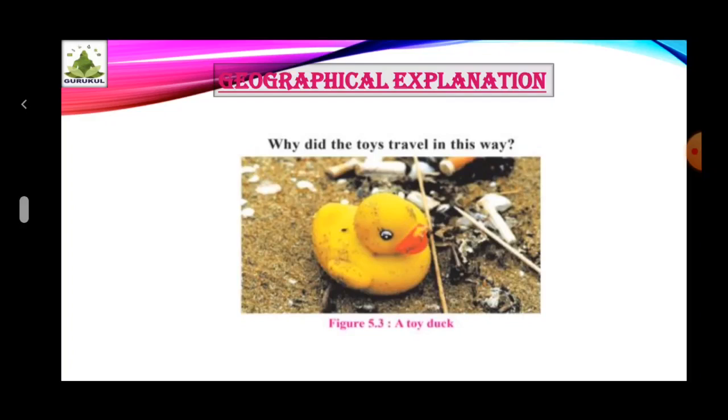So this incident we have to correlate with figures 5.2 and 5.3. Based on these figures, we can give the geographical explanation of why the toys travelled in this way and how the distribution of toys in the ocean is shown in figure 5.2.